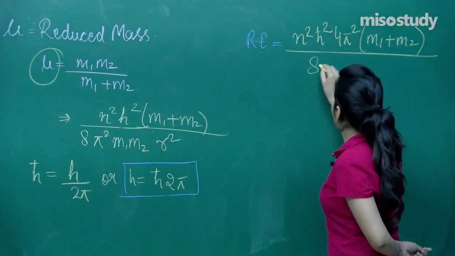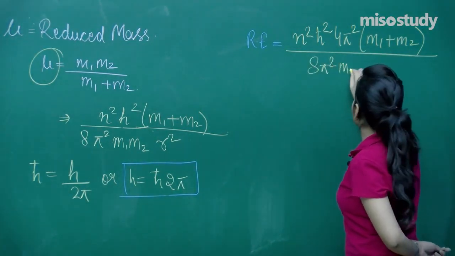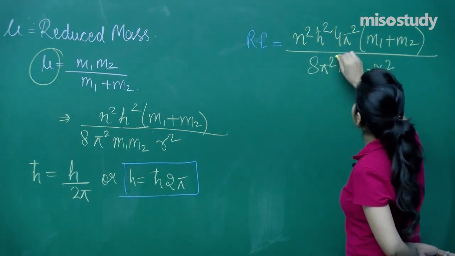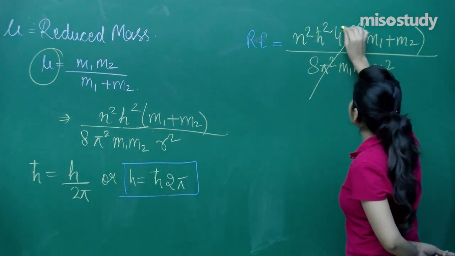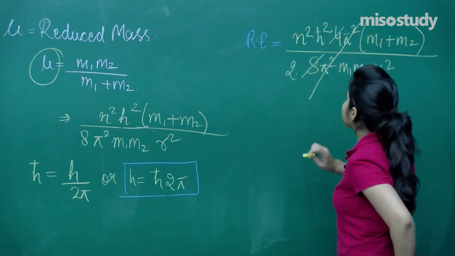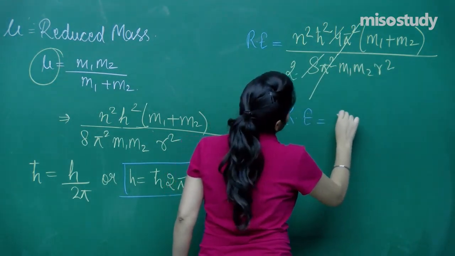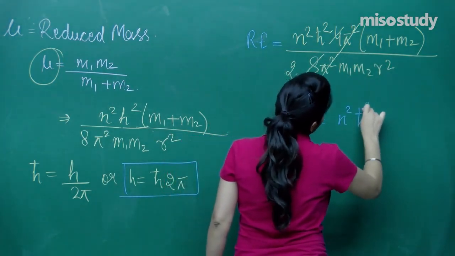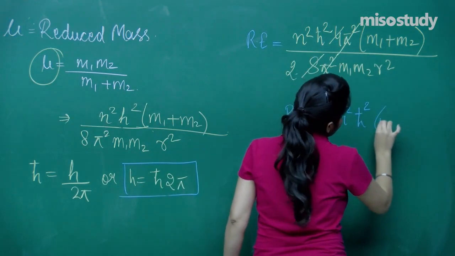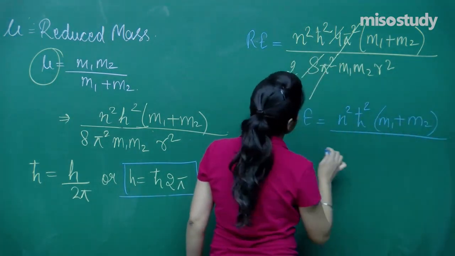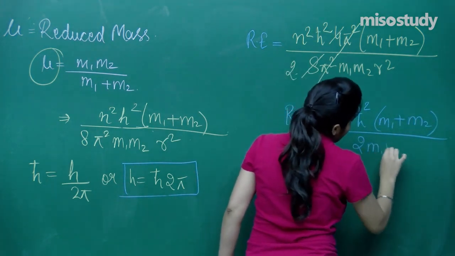Here it is 8 pi square m1 m2 into r square. Now this pi square cancels, and this gets cancelled 2 times. Now you are left with rotational energy equals n square h cross square into m1 plus m2 divided by 2 m1 m2 r square.